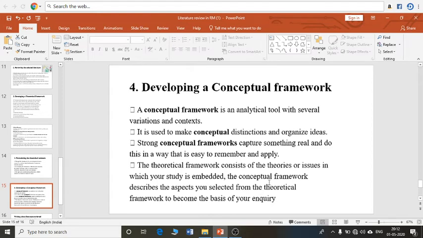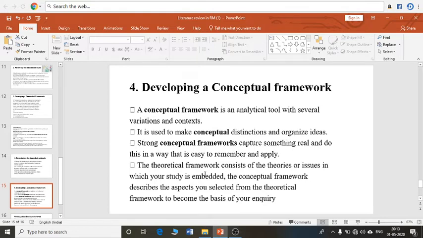Then developing a conceptual framework. A conceptual framework is an analytical tool with variations in some contexts. It is used to make conceptual distinctions and organize ideas. Strong conceptual frameworks capture something real and do this in a way that is easy to remember and easy to apply anywhere.